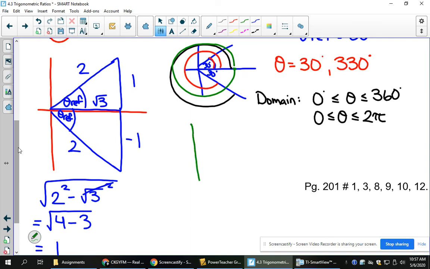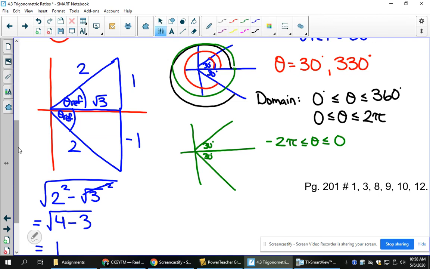So let's draw this again. This is really complicated. We've got two terminal arms with 30-degree reference angles. We are now going to do a domain of negative 2 pi to 0.